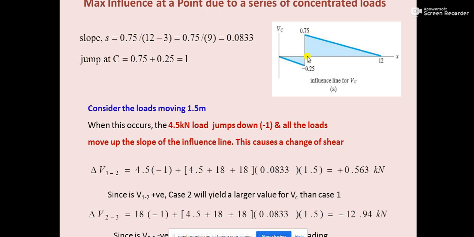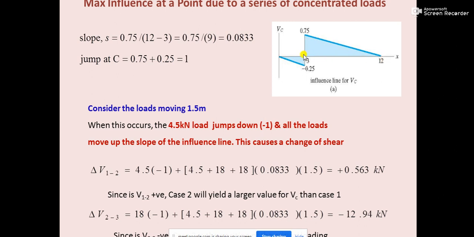And for this influence line, what will be the slope of this line? It's very simple. It will be y2 minus y1. The value of y2 is 0.75, right? And y1 is 0 at this point. So 0.75 minus 0, and the value of x2 will be 12 and x1 will be 3.